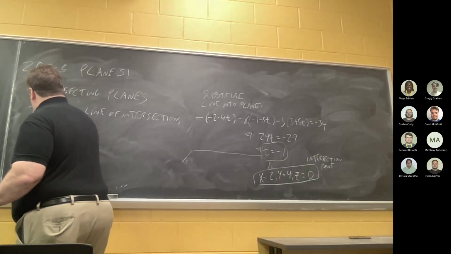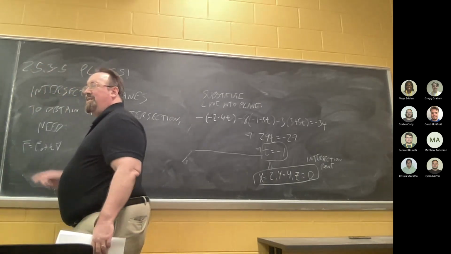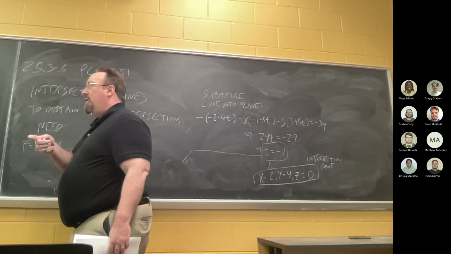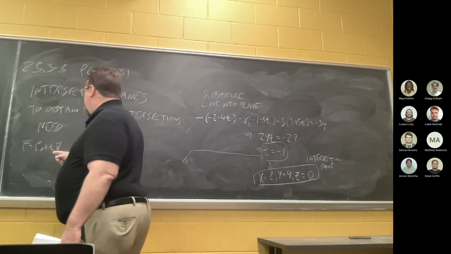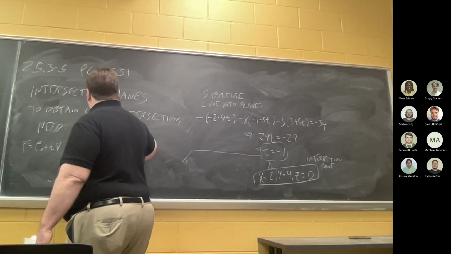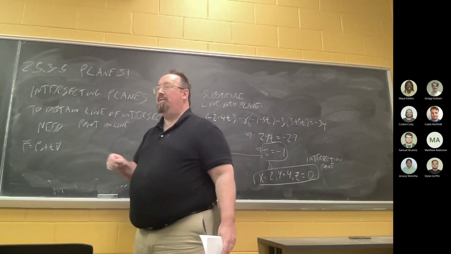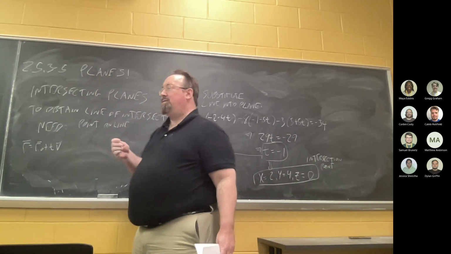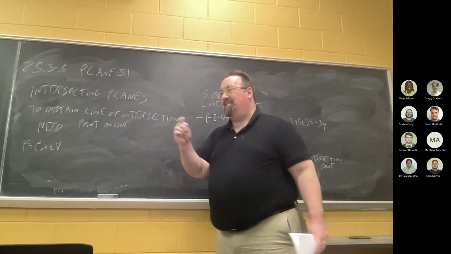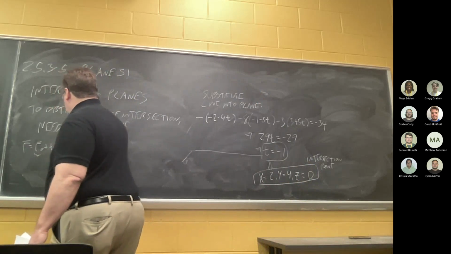The position vectors R0 and R1. Well, R0, yes, so we need a position vector, so we need a point on the line. And what else describes the line? Yes, the direction numbers.